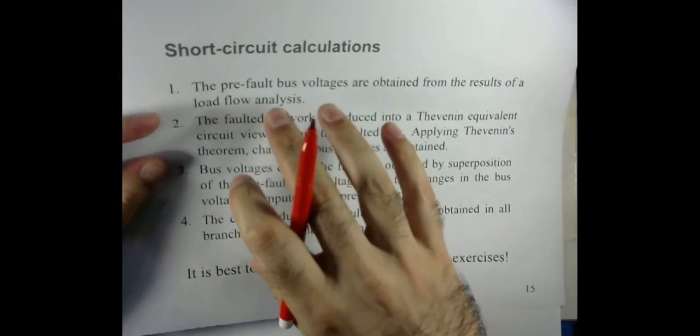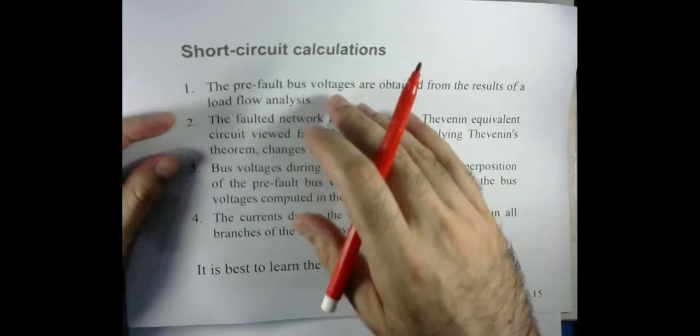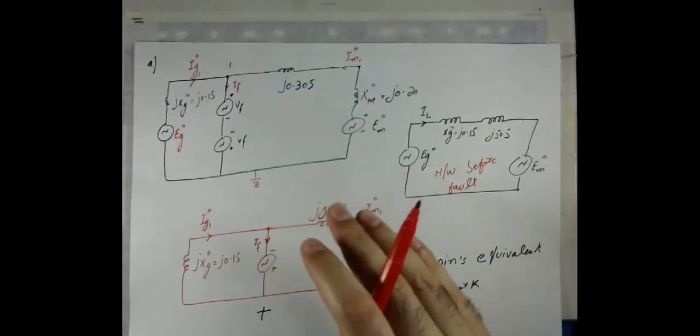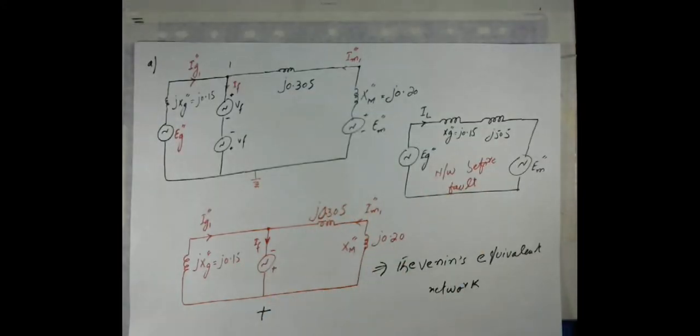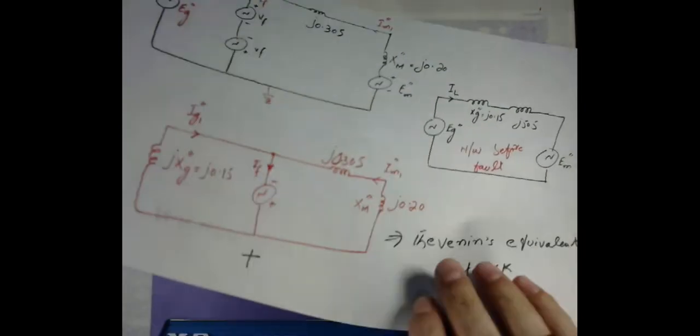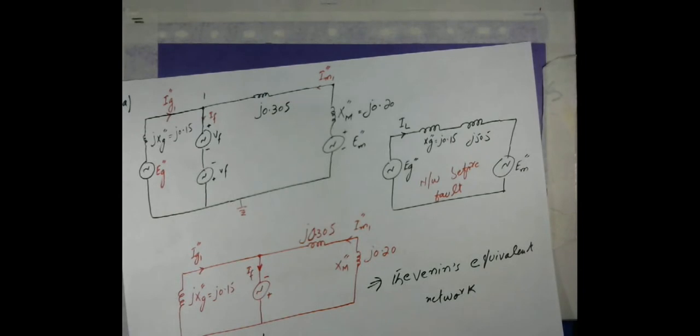That was by the principle of superposition. In the first lecture I talked about these steps theoretically, and now we are following these steps for solving this particular problem, which I showed you in the beginning. Let me find that page.